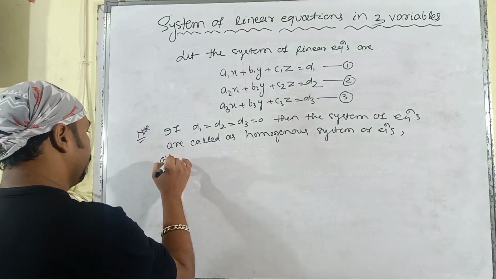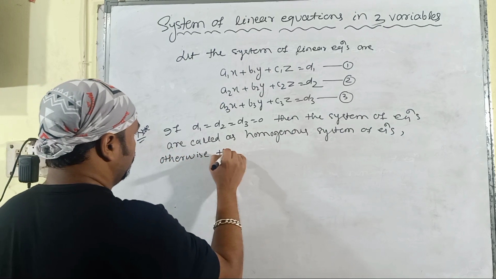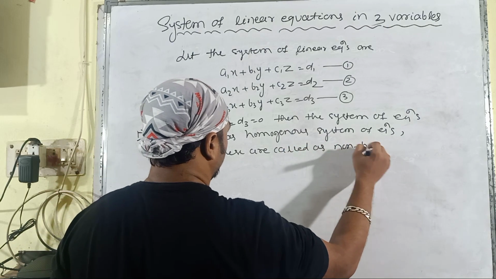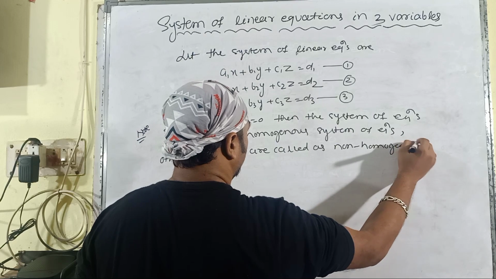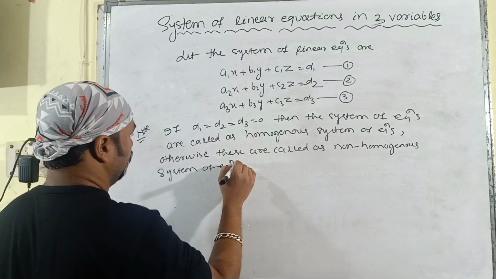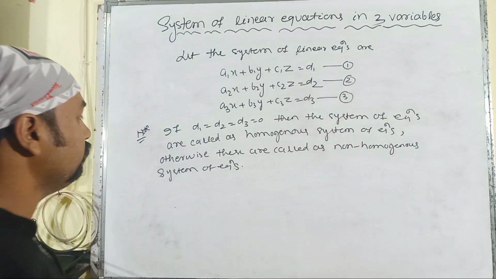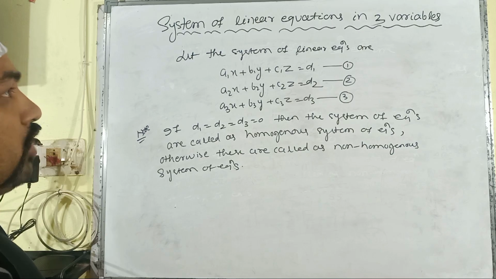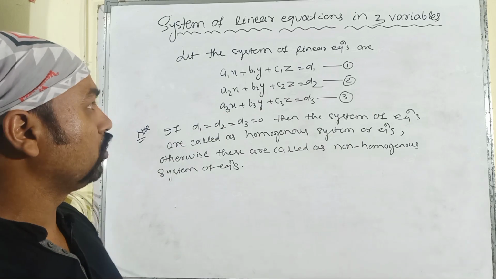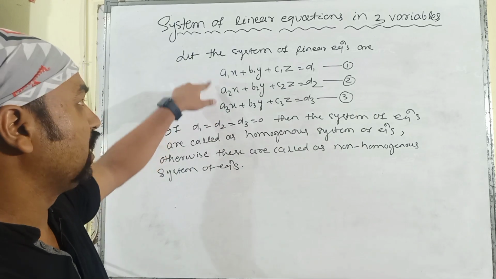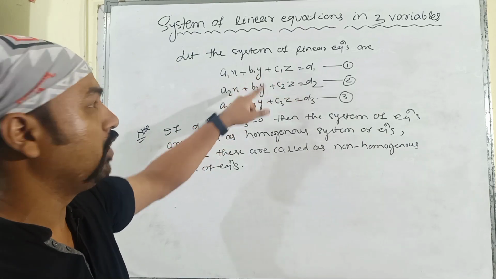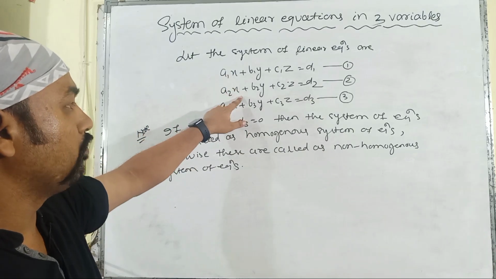Otherwise, these are called a non-homogeneous system of equations. So here it is the system of linear equations in three variables. The values x, y and z are called the solutions of the three equations as they satisfy for these values x, y and z. So x, y, z are the solutions of the simultaneous equations, equation number 1, equation number 2 and equation number 3.